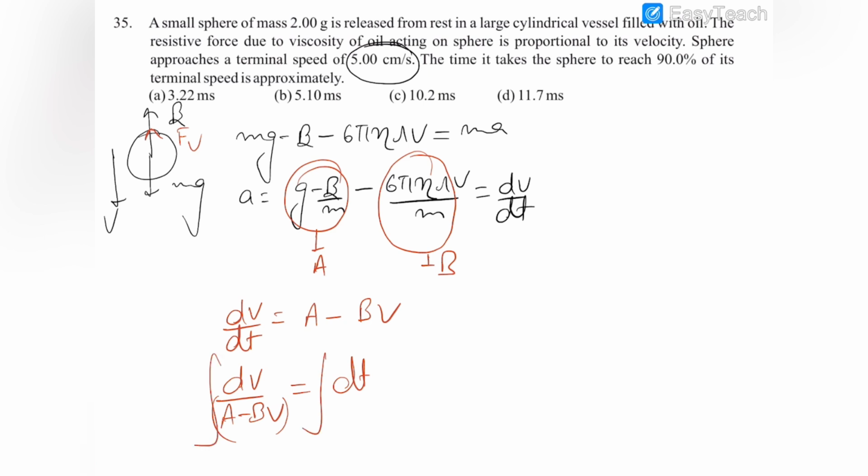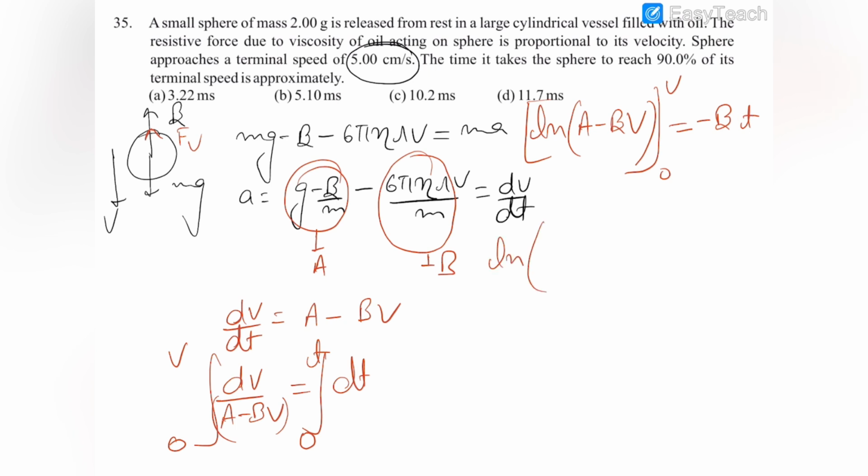you can see that the limit of velocity will be from 0 to v and time will be from 0 to t. So this is ln of A minus Bv, and the limit would be from 0 to v, and it would be equal to minus B into t. So if I substitute the limits, then it would be ln of 1 minus Bv by A, and this is equal to minus Bt.